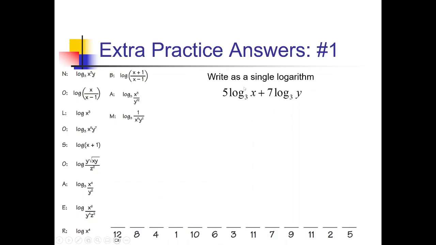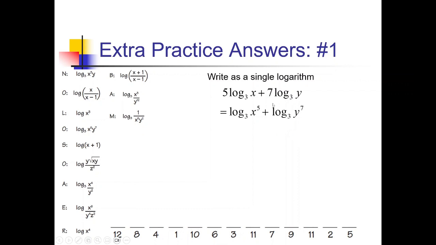For this first problem, we've got 5 log base 3 of x plus 7 log base 3 of y. First thing I'm going to do is move this 5 and this 7 into the logarithm using my pop-in rule, where I can turn a coefficient into an exponent. So I'm going to rewrite this first piece as log base 3 of x to the 5th, and here I'm going to have plus log base 3 of y to the 7th.